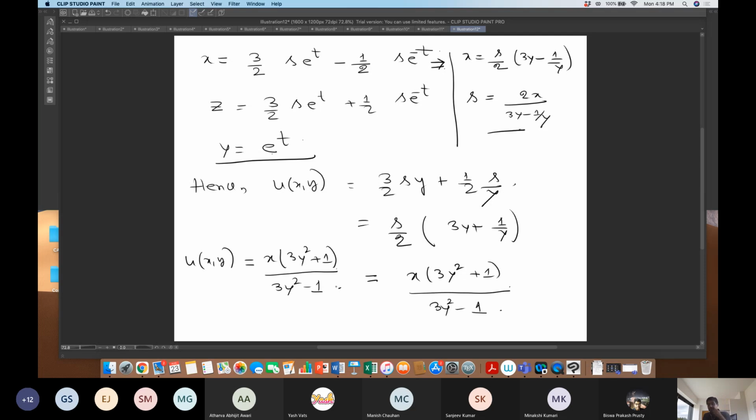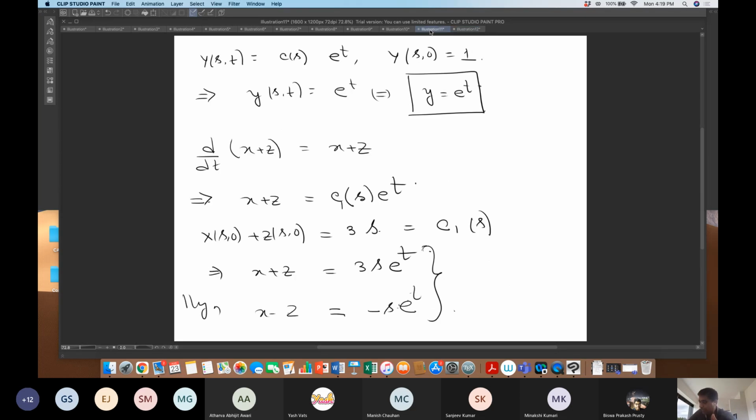Now you tell me, does the solution exist globally? No, sir. Why? What is the problem? The denominator part. Exactly. That means this characteristic curve somewhere is getting an intersection. Of course, this is not a straight line, so you cannot compute it exactly.